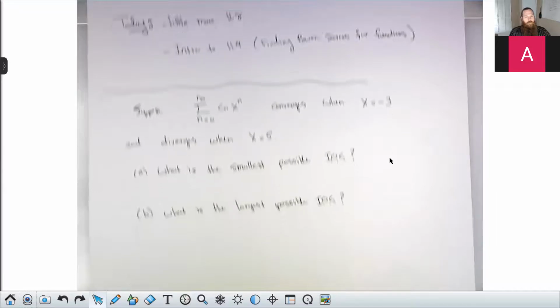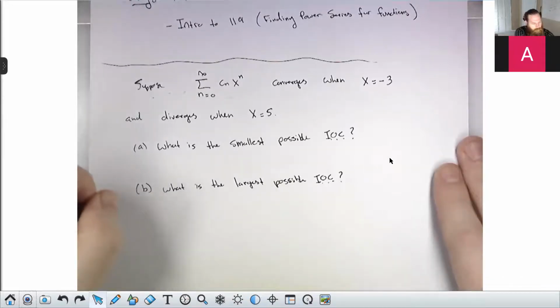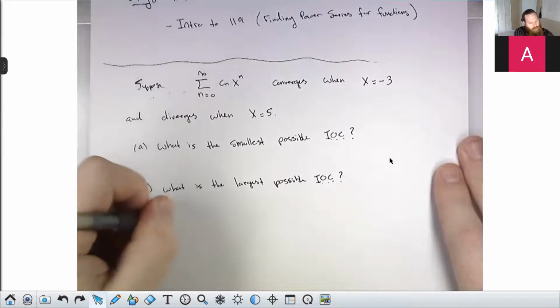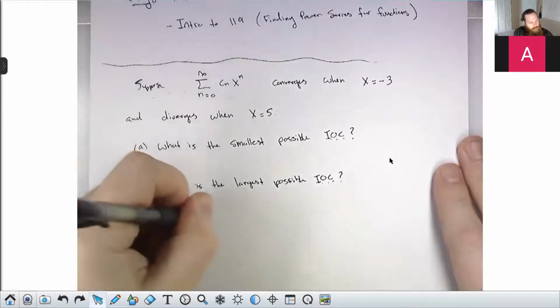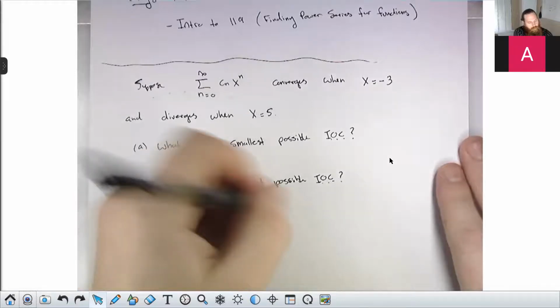So we know that the interval of convergence is an interval symmetric about 0, right? Always symmetric about the center of that series, and this series is centered at 0. So the series sigma n from 0 to infinity Cn x to the n has center a equals 0.